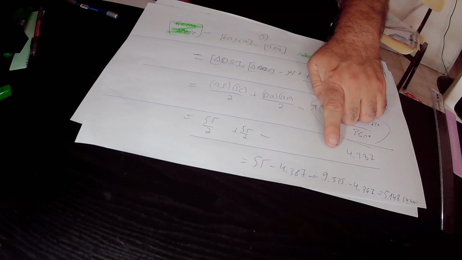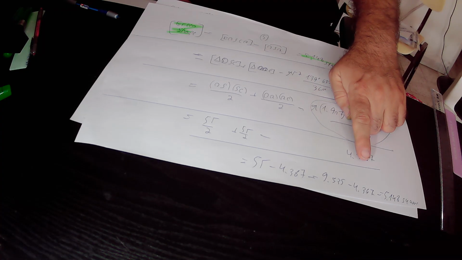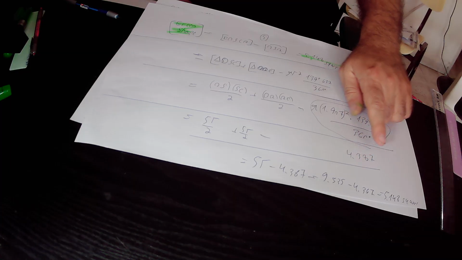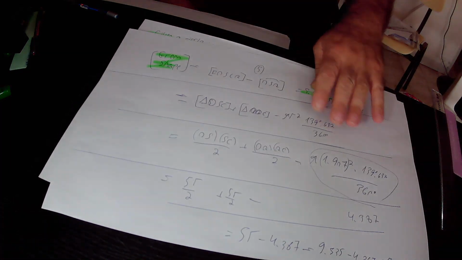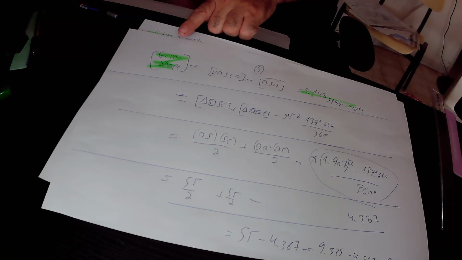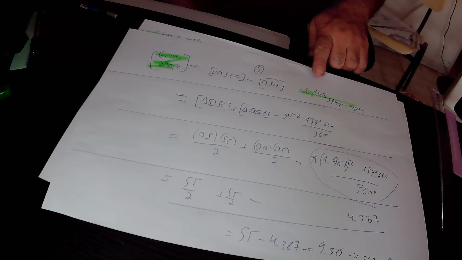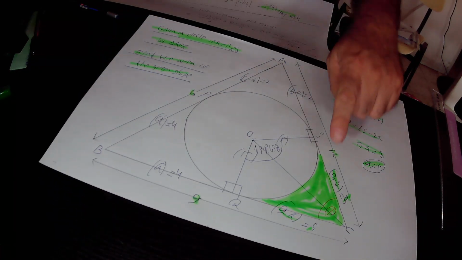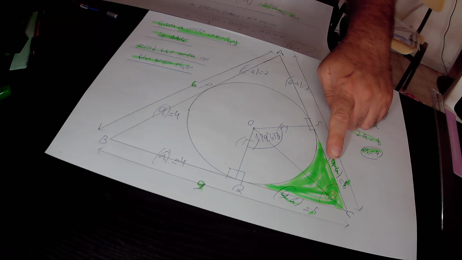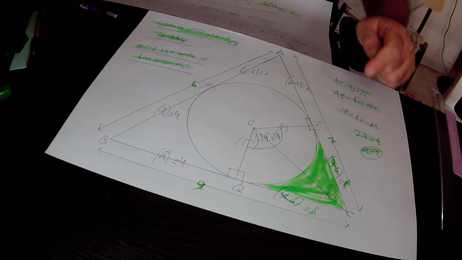So 9.535 minus 4.387 is equal to 5.148 square meters. So in total, we found that the area of the green shape equals 5.148 square meters.